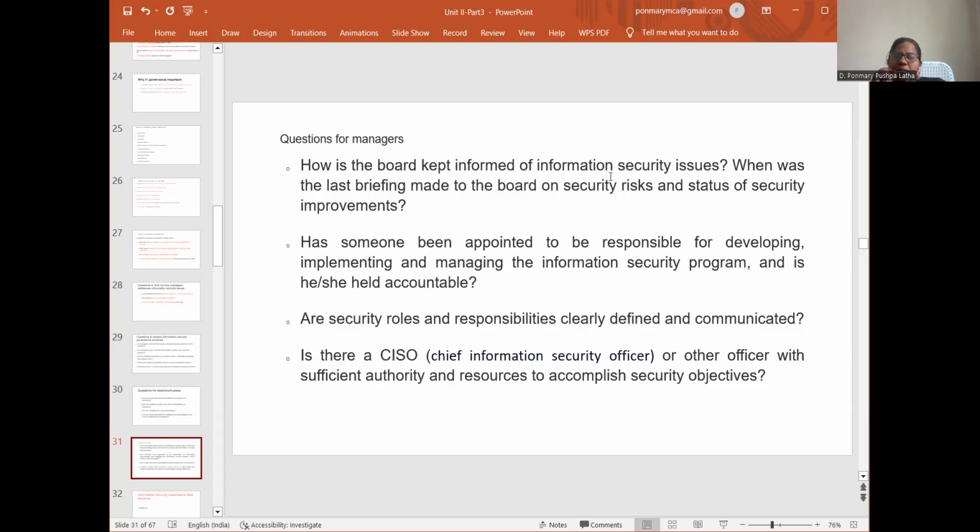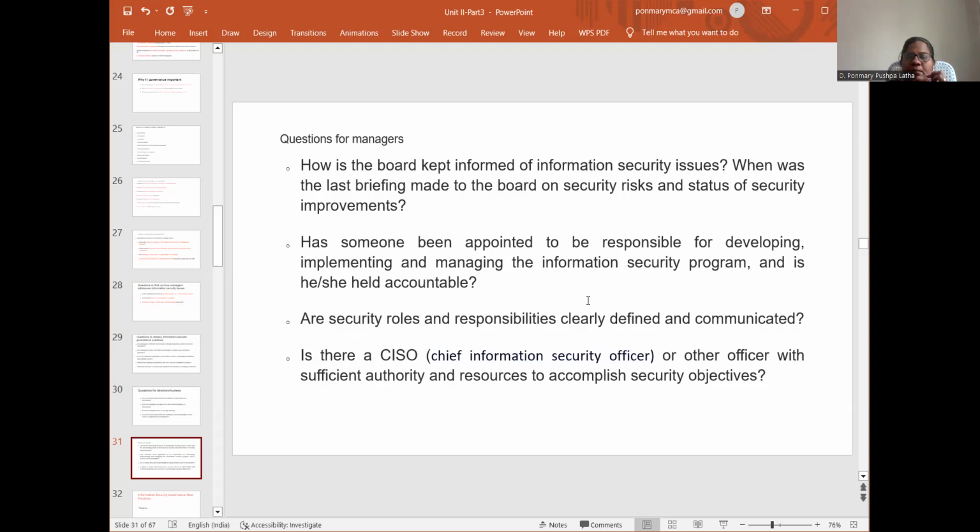Whether someone is responsible for the information security program and whether he or she is accountable for it. Whether the security roles and responsibilities are clearly defined and communicated. Because if the roles and responsibilities are not clearly defined, people will say, I'm not responsible for this.